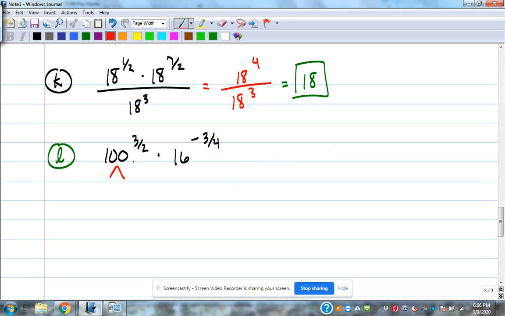What multiplies to be 100? 50 and 2. Good start. 50 would be 2 and 25. 25 would be 5 and 5. So the 100 is 2 squared times 5 squared, to the 3/2.